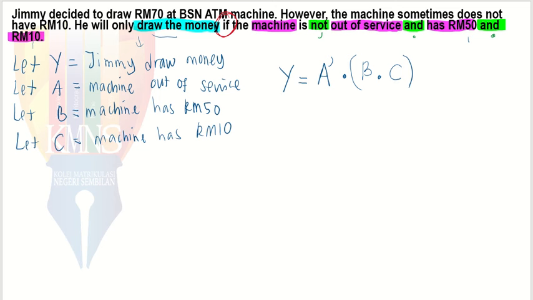Now this will be the final Boolean expression. That's what we learned last week.